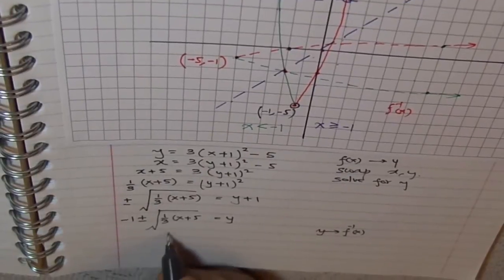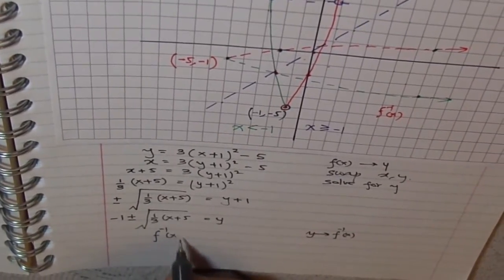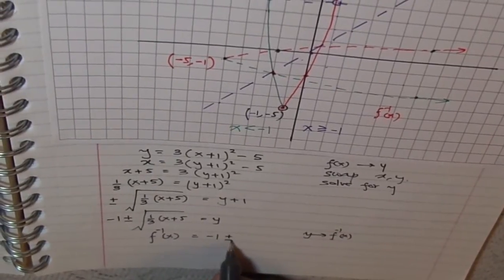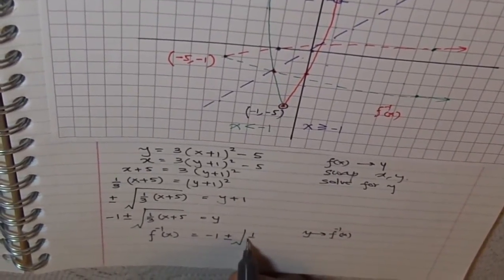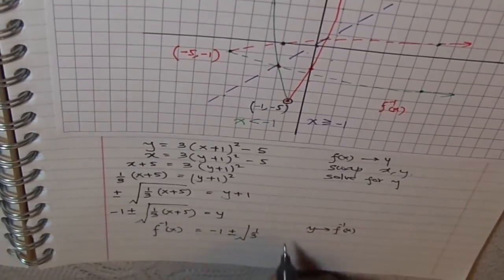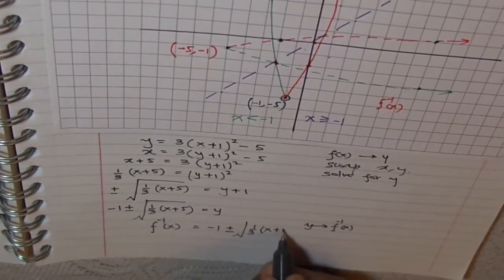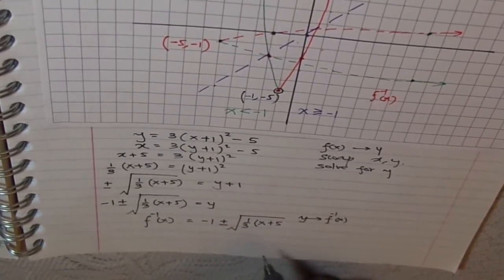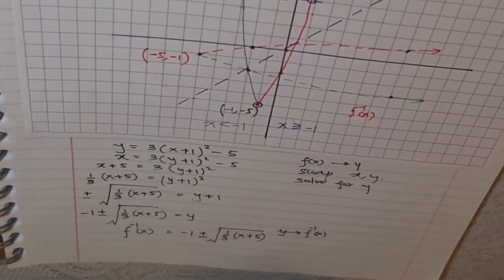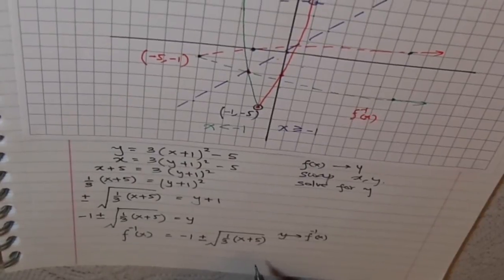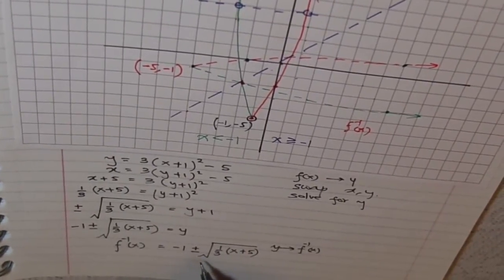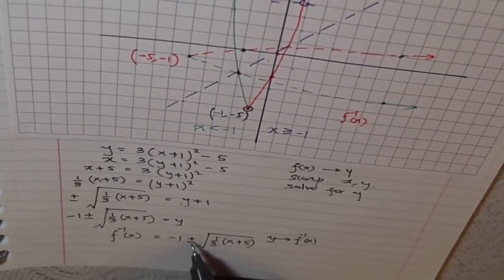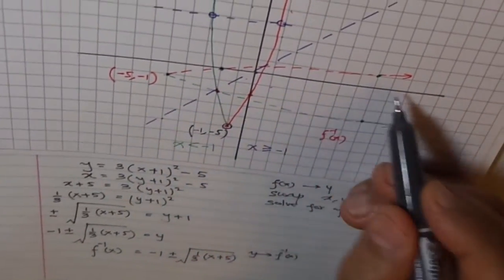So this is written as f inverse of x is equal to minus 1 plus or minus square root of 1/3 (x plus 5). Perfect. Now, from the equation, you can see there are two parts to it, right? Here, the plus and minus part. The plus part is shown by the line in red dots.